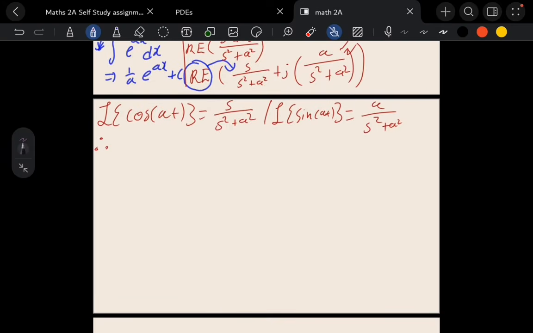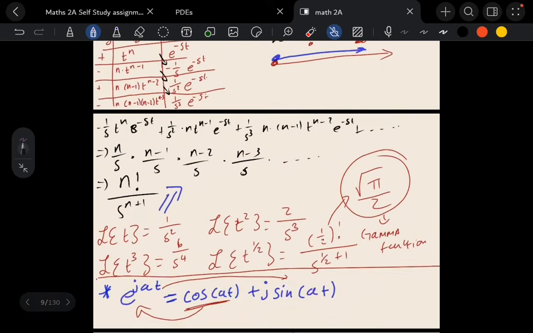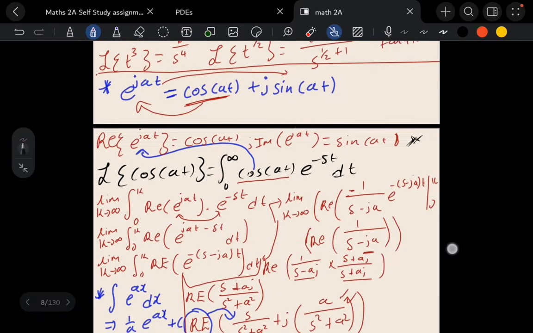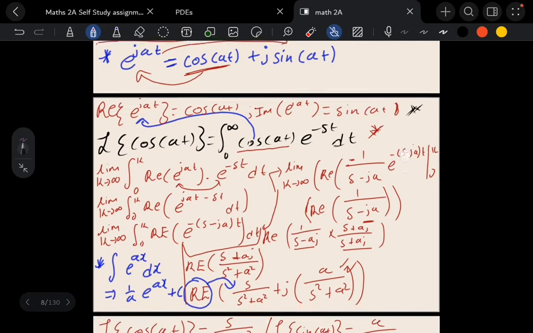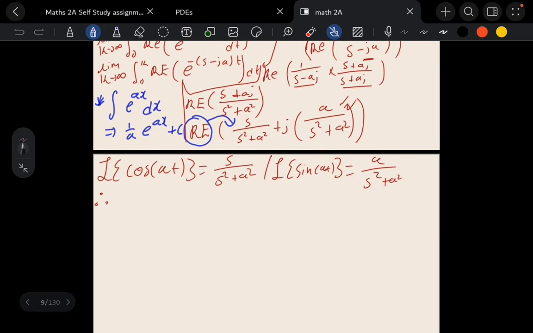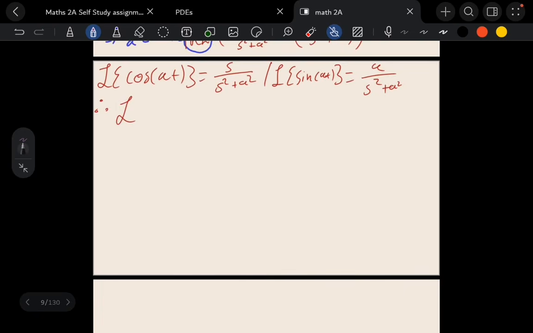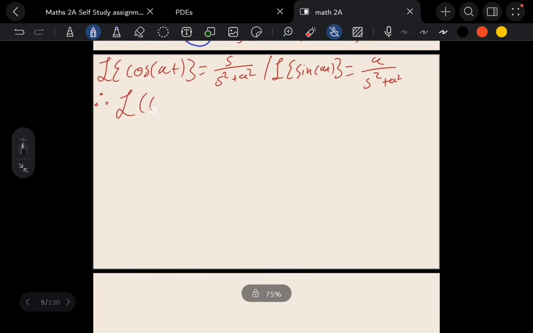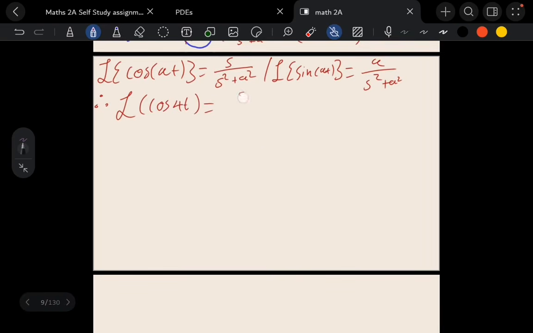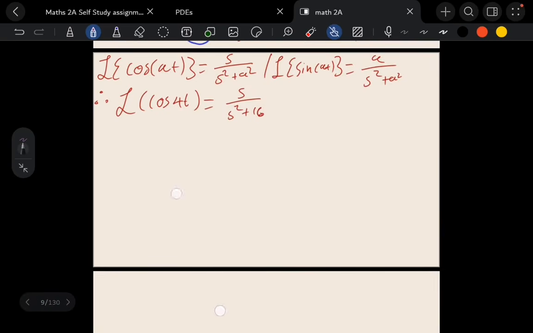I'm not going to give you the other one, but you can use integration by parts here. So the Laplace transform of cos(4t) is s over (s squared plus 16). The Laplace transform of sin(4t) is 4 over (s squared plus 16).